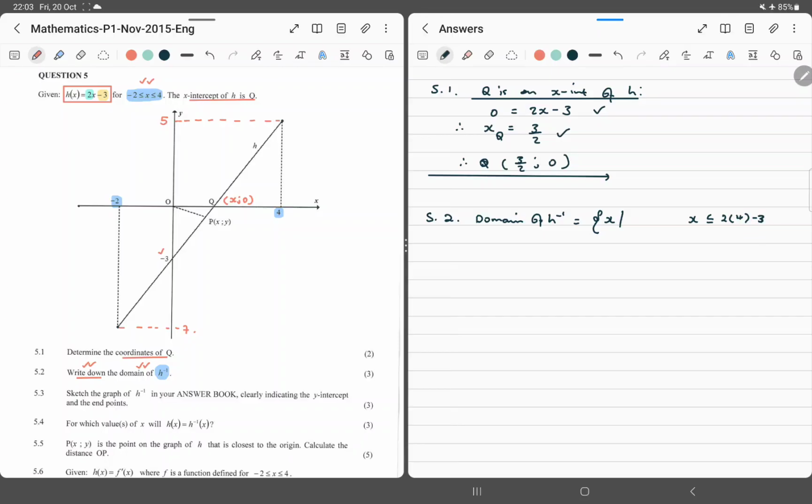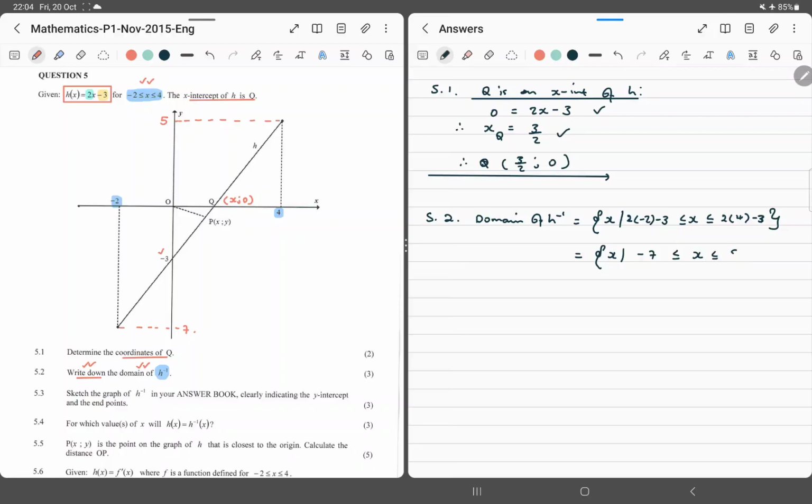So we're just showing the determination essentially. Greater than or equal to 2 into minus 2 minus 3. So we can say here this is basically equal to a set of x values such that when you sort this out, this is minus 7.